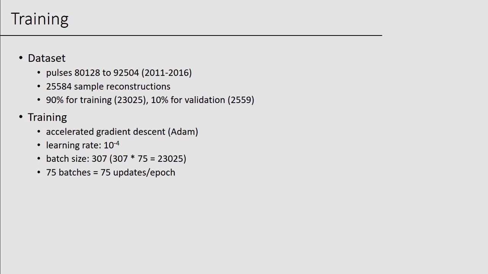So right now we have this amount of data, and what we can do is, okay, let's split this into training and validation. You can choose other percentages. This is just an example. The reason why I'm putting the numbers here is that at some point you are going to have to choose a batch size to send to the GPU. And of course the batch size is limited by GPU memory.